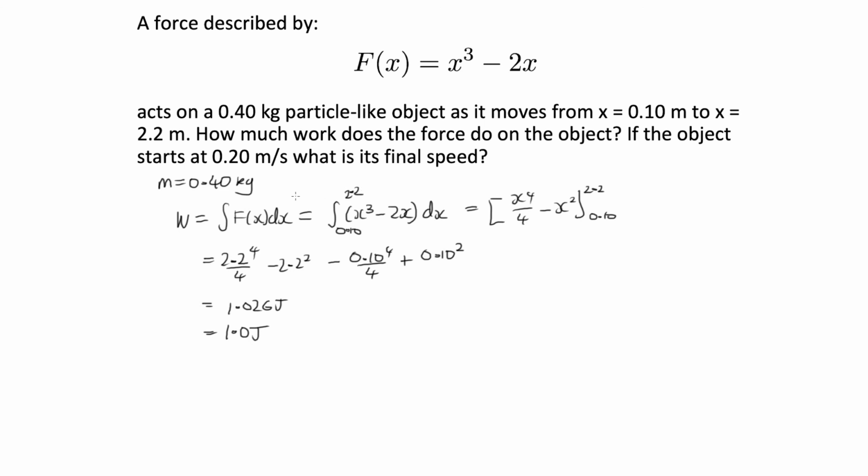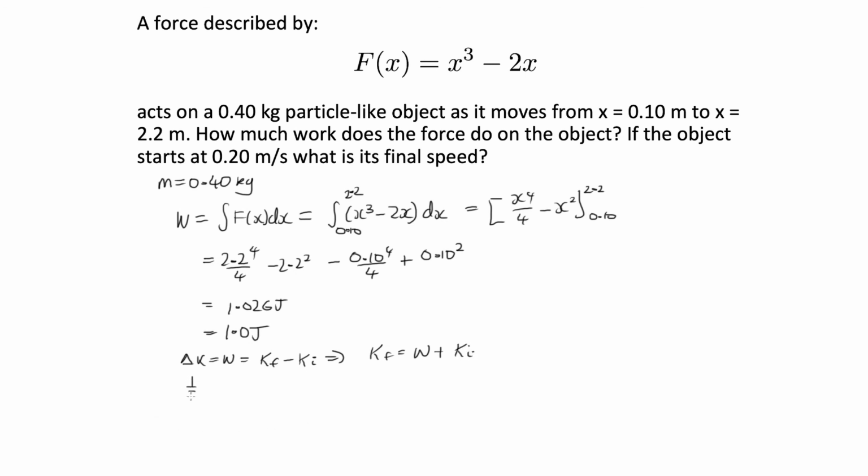So if the object starts at 0.2 meters per second, what is its final speed? So for this, we can use that the change in kinetic energy is equal to the work done, which is the final kinetic energy minus the initial kinetic energy. So the final kinetic energy is equal to the work done plus the initial kinetic energy.